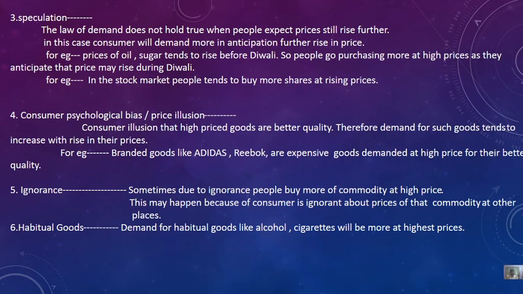At that time they expect that in future also there is a rise in prices, and that the flow of rising prices will continue for a longer period of time. That's why they buy shares at rising prices.